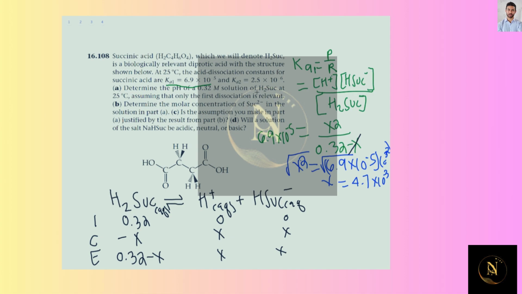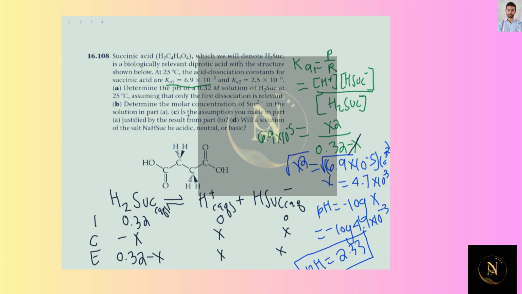It's asking us to determine the pH of the 0.32 molar solution. So our x is equal to 4.7 times 10 to the negative 3, and we know that x is equal to our H plus, so to find our pH, we're just going to do the negative log of our x concentration. And when we plug that in, we get the value of 2.33, and that's what our pH is equal to. So that's the answer for part A.